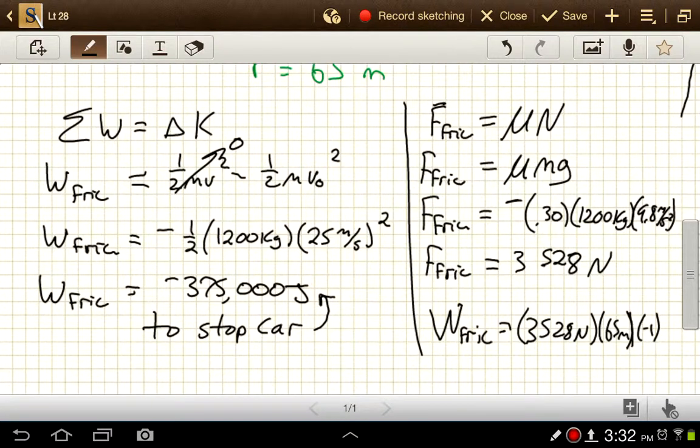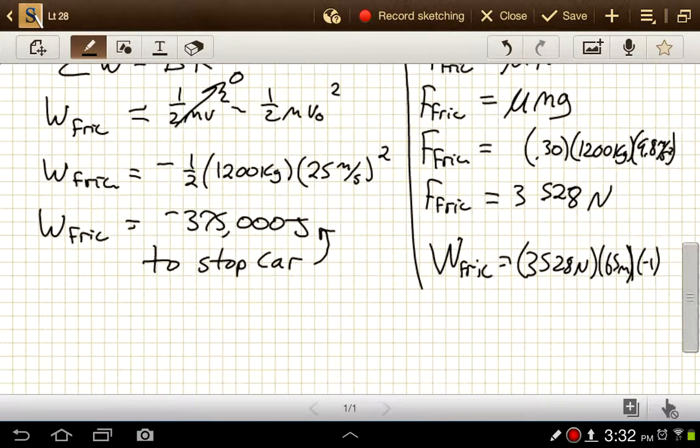And I guess I really didn't need that negative sign up there earlier, because it comes out in the cosine of the angle. So now we take that force that we calculated times 65, and we get our frictional work is equal to 229,320 joules, and that's negative.